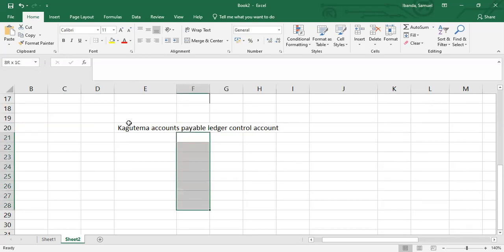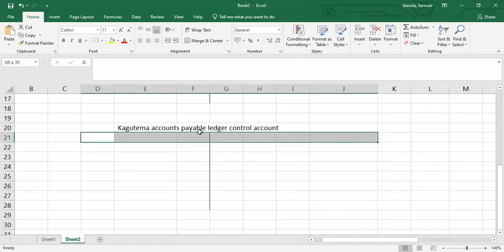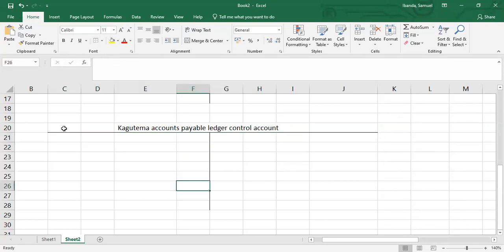So I'll basically draw my lines there. Okay, so that is what I basically have.